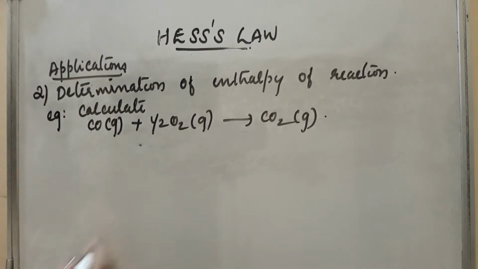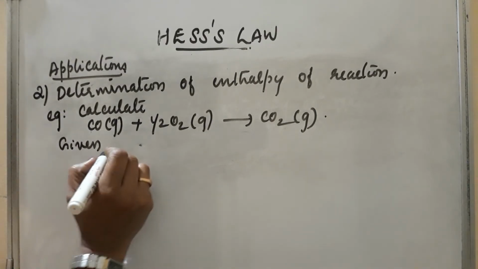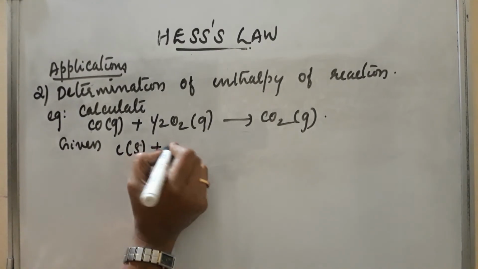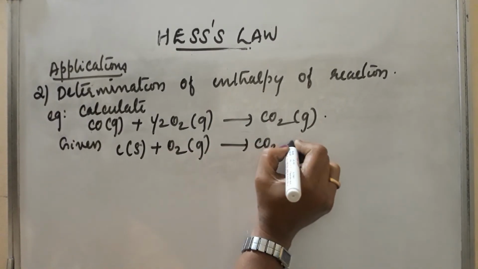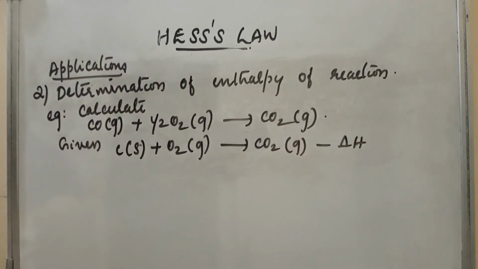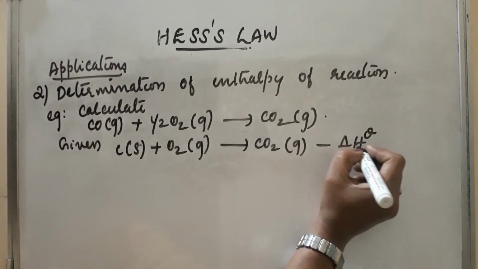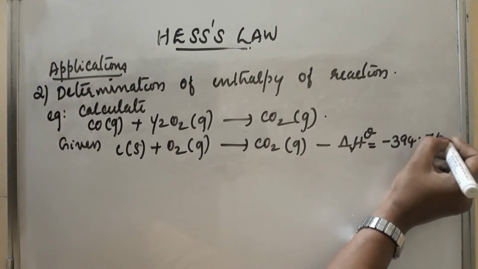It is given: carbon plus O2 gives CO2. This is the first equation. Delta H is equal to minus 394.7 kilojoule.